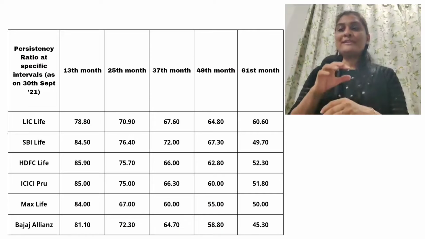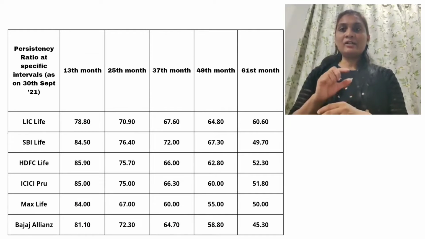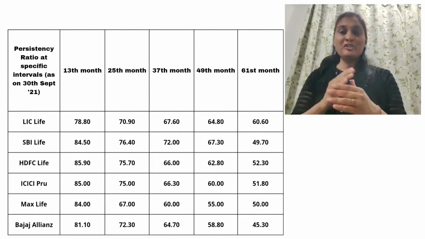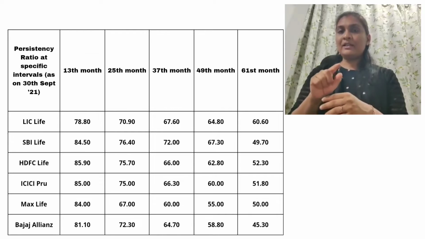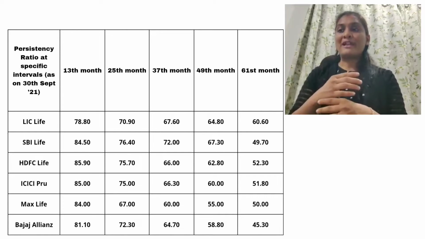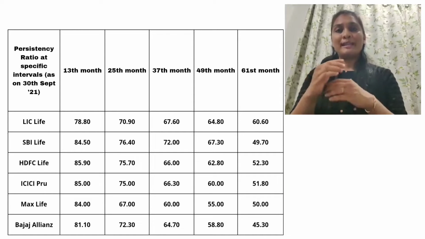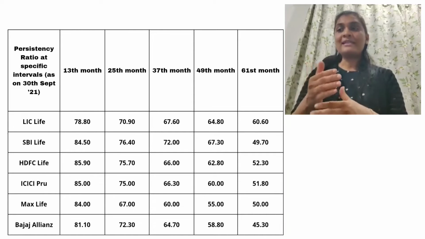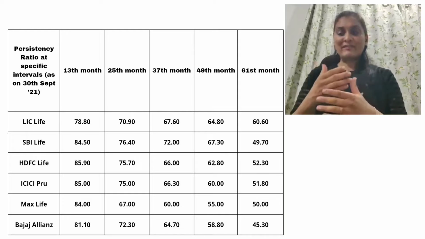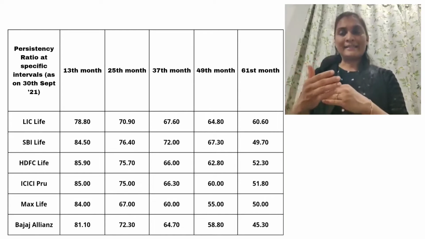Now when we look at the table which shows the persistency ratio, we can see that LIC had the lowest ratio in the initial year, that is the 13th month on which the renewal premium fell due. So LIC's persistency ratio was 78.8, whereas when we compare it to the private insurers it was more than 80.